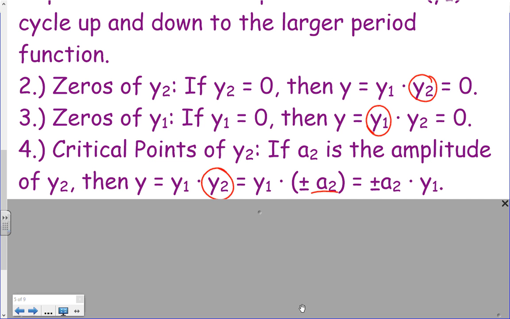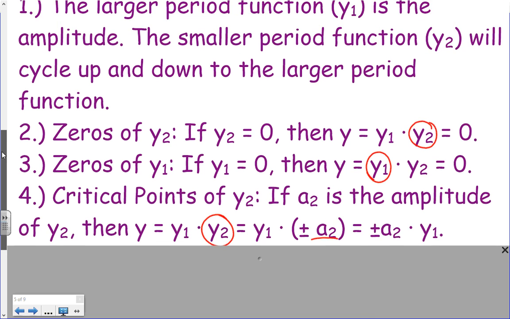It's either plus or minus that quantity. So we can actually just plot a point that takes y1, whatever that value is, and multiplies it by our amplitude to stretch it either up or down, depending on whether we're looking at the upper bounds or lower bounds of y2.